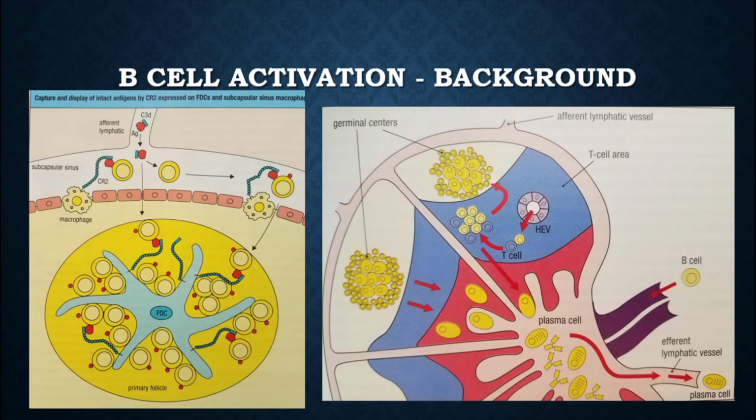We have follicular dendritic cells in our lymph nodes. These reside near the germinal centers, so they're going to reside in that region there. And the way that these function, as I mentioned, there's that CR2 receptor. The follicular dendritic cells use the CR2 receptor to essentially hold any sort of pathogen on their surface.